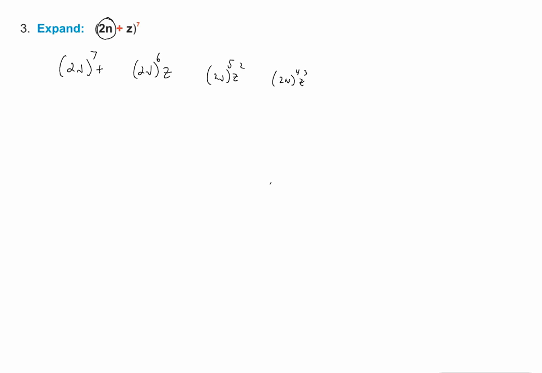I'm getting smaller and smaller because I know I've got to fit this in. 2n cubed, z to the fourth. 2n squared, z to the fifth. 2n z to the sixth. Don't need your parentheses, right? 2n to the first. And then finally, hooray, we're there. Sticking all my little plus signs here. Z to the seventh.